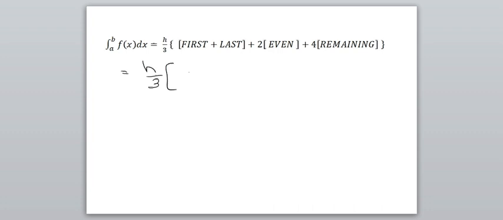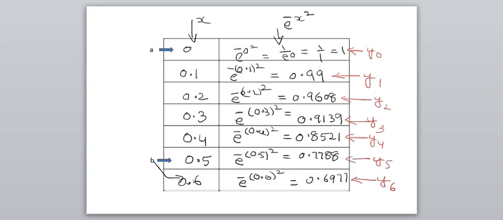So let me write the formula for this particular case. h by 3 times y0 plus y6 plus 2 times the even terms. Even terms in the sense, not even numbers, but even y subscripts, that is y2, y4, y6 and so on. y6 is the last one, already included, so only y2 and y4 are to be considered.